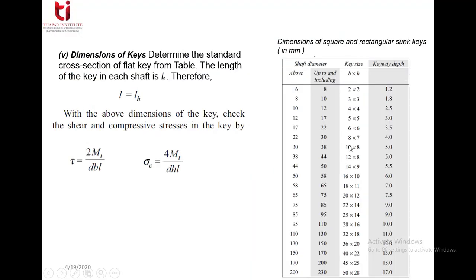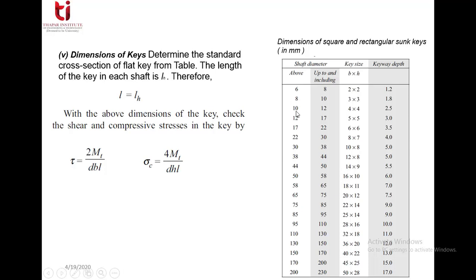Further we have the keys. The length of the key is nothing but the length of the hub, which we have already evaluated. Depending upon the diameter of the shaft, we can choose the cross section of the key from the standard, specifically for sunk keys, maybe square or rectangular.